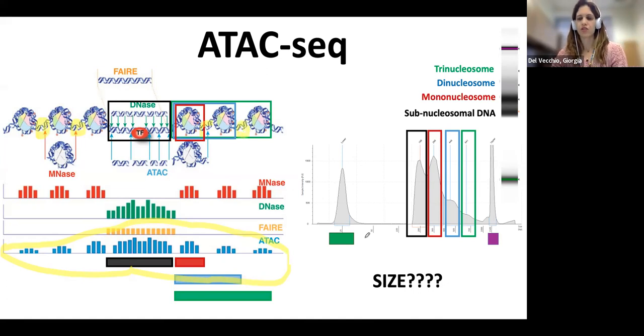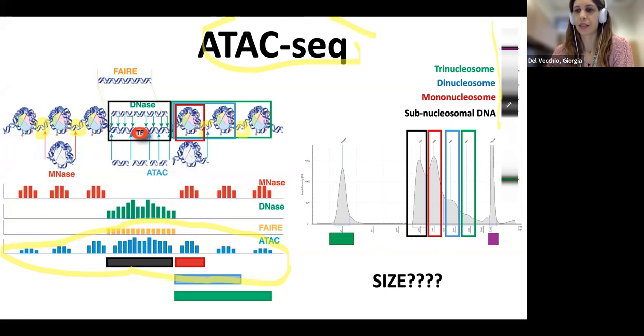When we run a gel on the final product coming from an ATAC-seq library prep, we will obtain something like the gel here. We will have something similar to a ladder, with multiple bands. This is the electrogram, so it's the gel, but looking at the peaks.